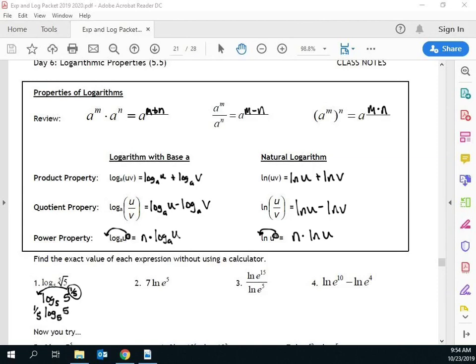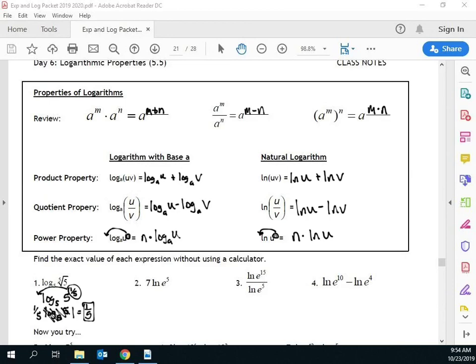If the base and the argument are the same, it becomes 1. 5 raised to the first power is 5, correct? And so that's why it turns into 1. So you get 1/5 times 1, which gives you 1/5.